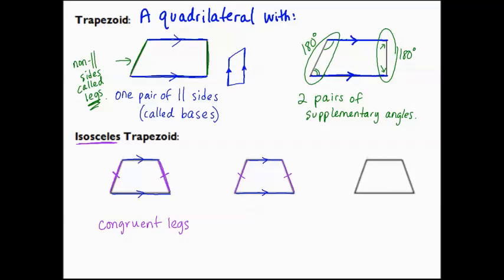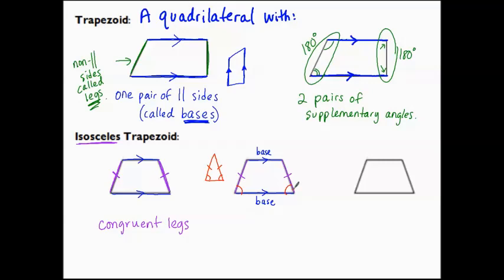Remember how we called this a base and this a base, because the bases are the ones that are parallel? Well, there's also base angles. The two angles that touch the base will be congruent, just like in the isosceles triangle, right? Think back to the isosceles triangle, two sides congruent, two angles congruent. So just like that, two sides congruent gives us two angles congruent on this base.